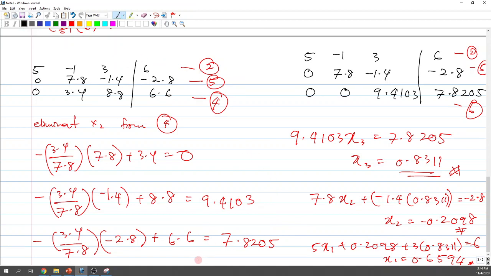You can write like this. X equal to 0.6594, negative 0.2098, 0.8311 transpose. Okay, so equivalent to x1, x2 and x3.